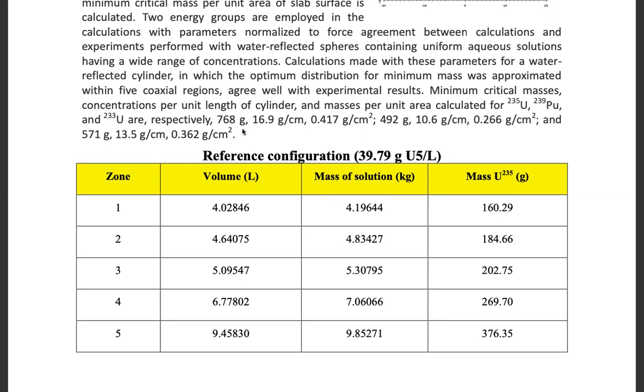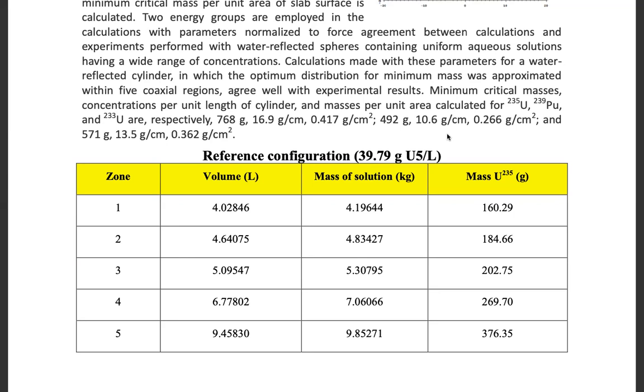So it's very important for you to know what is the lower limit for safety. Okay, so this is the minimum critical mass, and this is the concentration per unit length of cylinder, 16.9 grams per centimeter, and this is the mass per unit area, which is 0.417 grams per centimeter square.